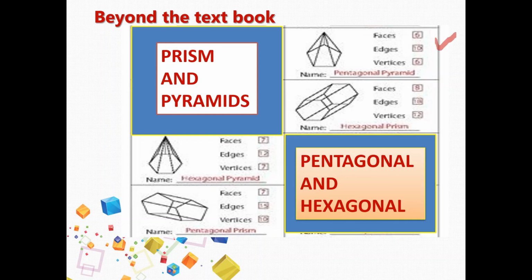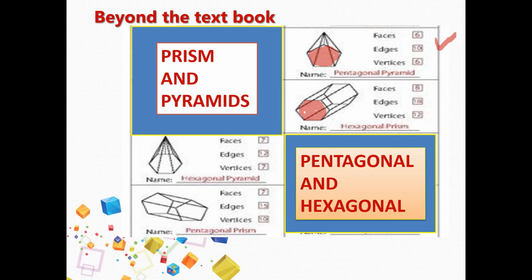Look at the base. It looks like a pentagon. I'm just coloring it and filling it for you. So this looks like a pentagon, right? And the base in this prism, let me just again paint it for you and fill it for you. Can you see? This is a hexagon. So this is a hexagonal prism.